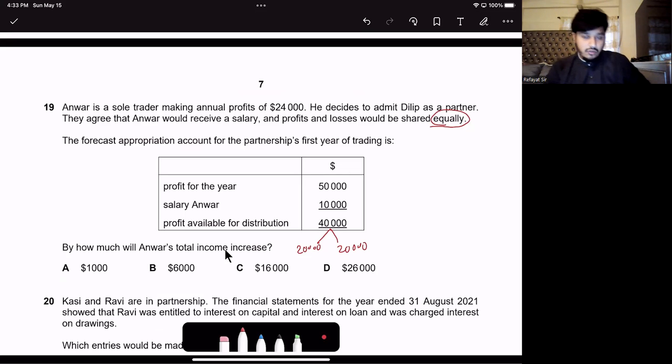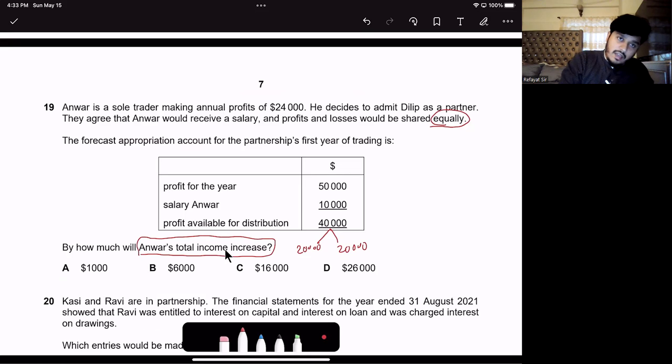So they want to know how much Anwar's total income will increase. In order to find that, we have to subtract Anwar's old income from his new income.